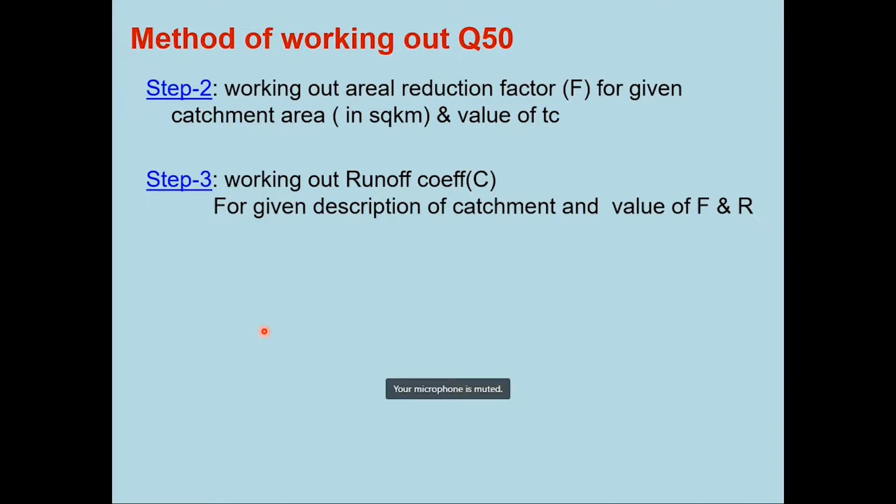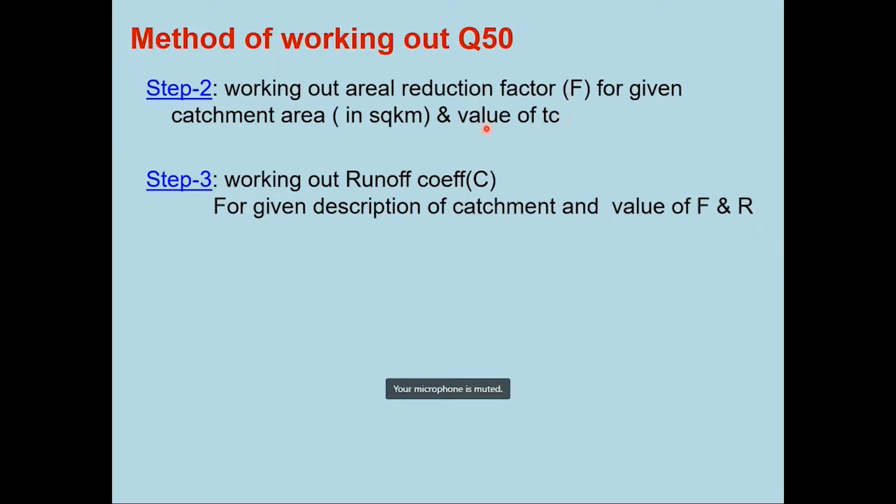So now I have arrived at all the factors which are required in my equation. I know the areal reduction factor F, the catchment area, and the value of TC.